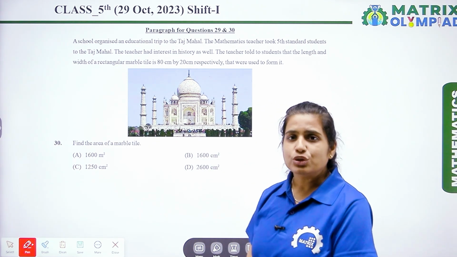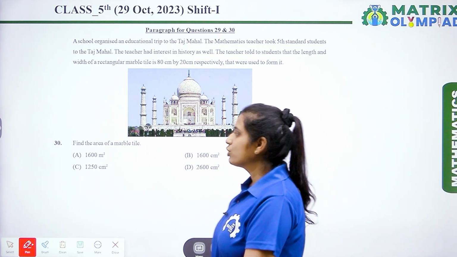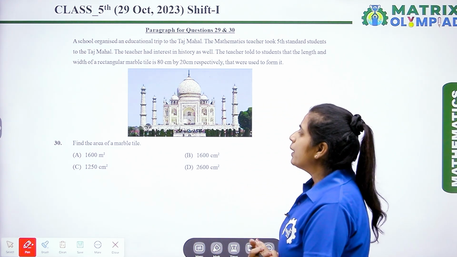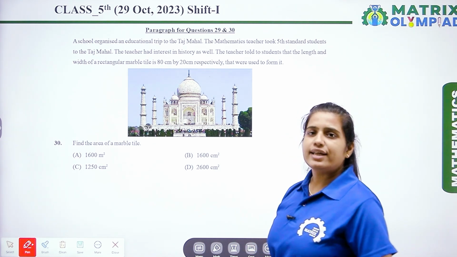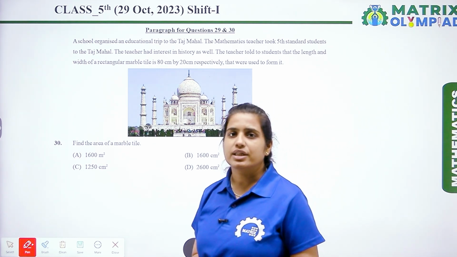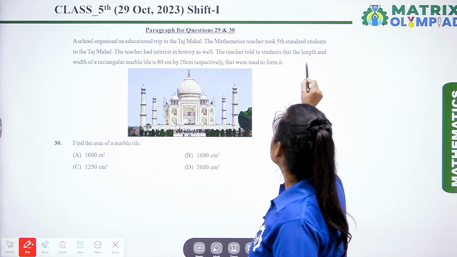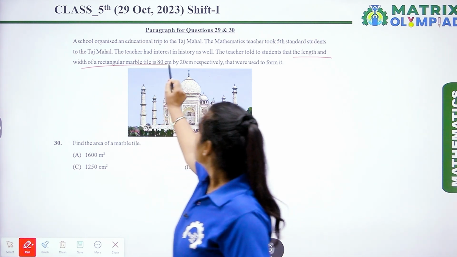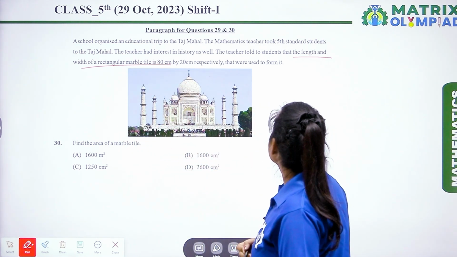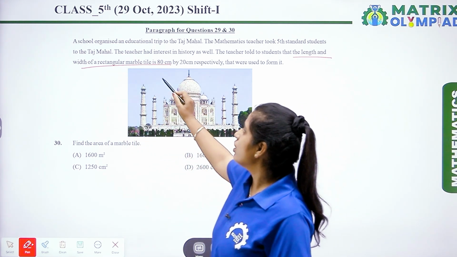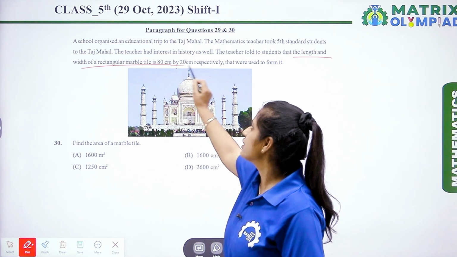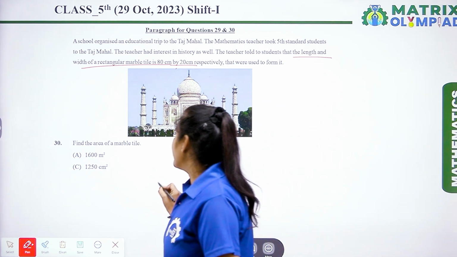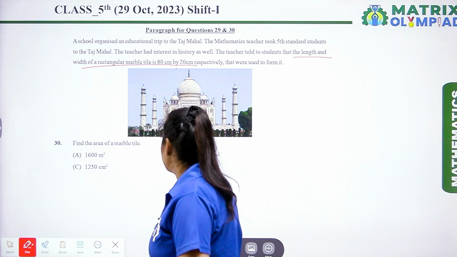Now the last question of this part, question number 30. Find the area of a marble tile. Using the information that the length and width of a rectangular marble tile is 80 centimeter by 20 centimeter, we are going to find out the area by using these details only.